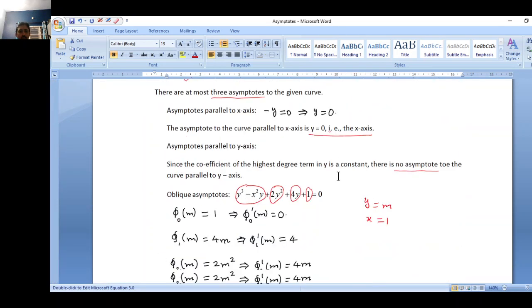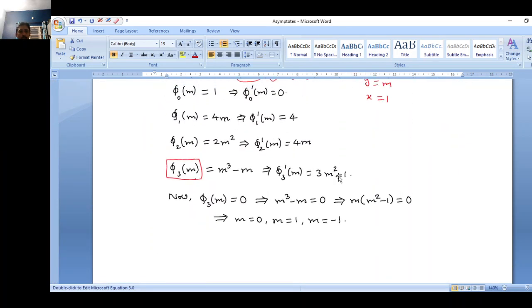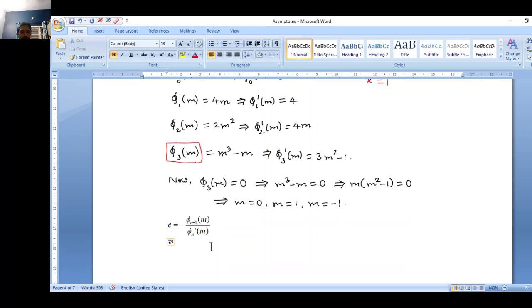Okay, so I'll paste this expression here so that we can use this every time to find out the values of c. So what we now do is, for each m we'll find the corresponding value of c using this expression. Okay, now c, as you can see here, is given by minus.